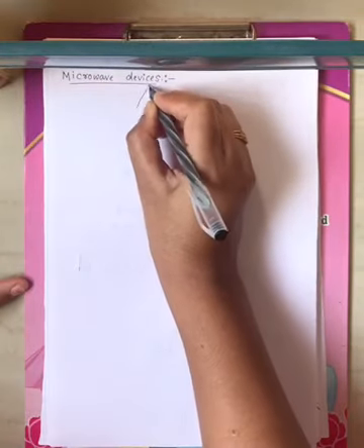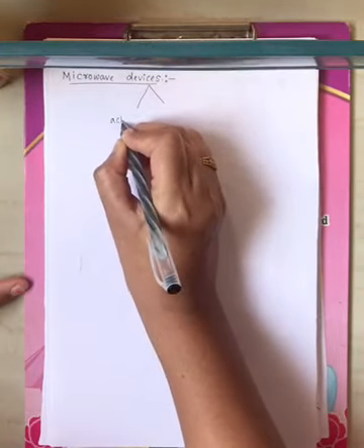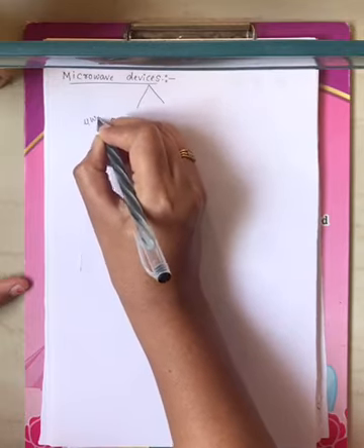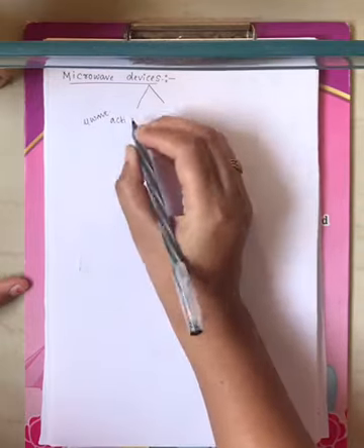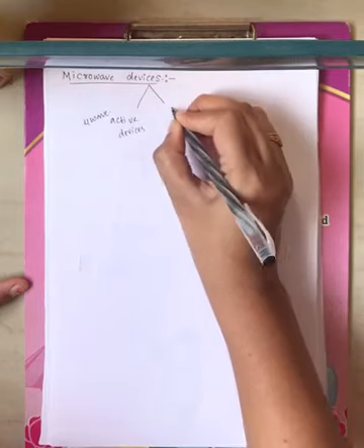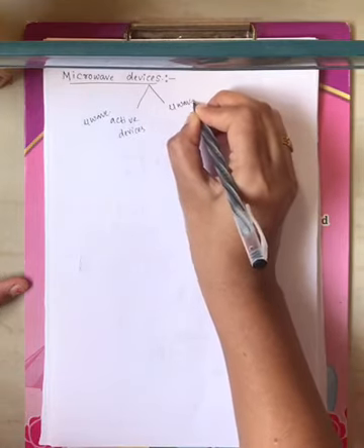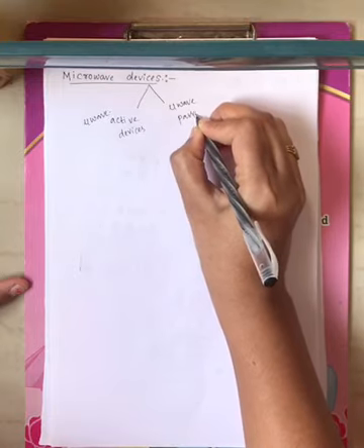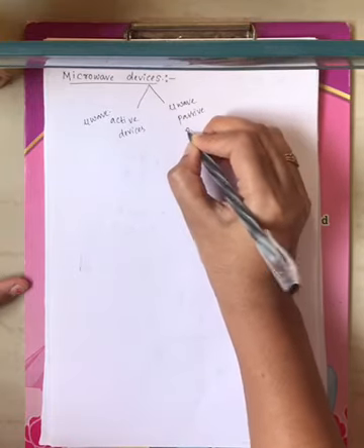Now coming to the next topic, that is microwave devices, right? Here devices are classified into two types. One is microwave active devices and another one is microwave passive devices, right? You have different types of microwave devices.